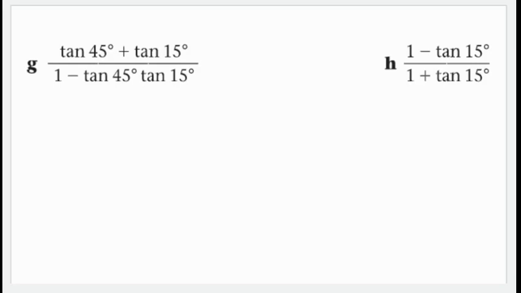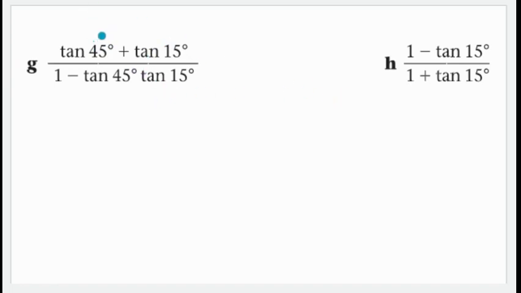Welcome back to another video where we are looking at some more questions on compound angle formulae in trigonometry. So we have this one here where we have to work out the value of this without the use of a calculator.